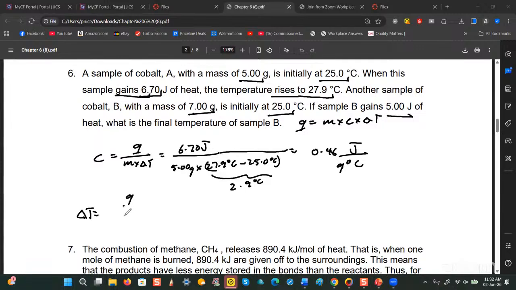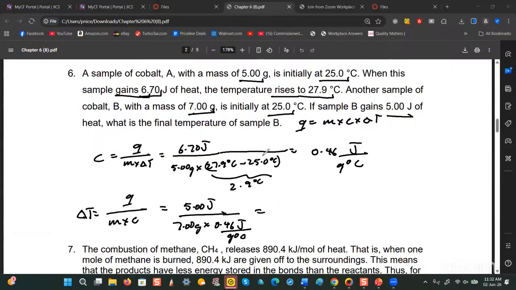That will be equal to Q over M times C. Now, in the case of the second sample, Q is 5.00 joules, M is 7.00 grams, and C is what we calculated before, 0.46 joules per gram degrees Celsius. So let's see what that gives. That gives 5 divided by 7 times 0.46.